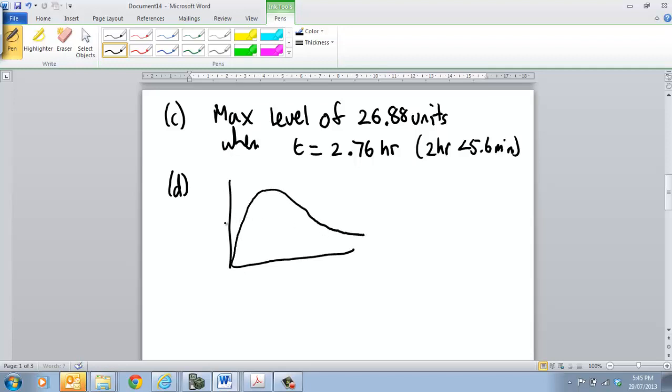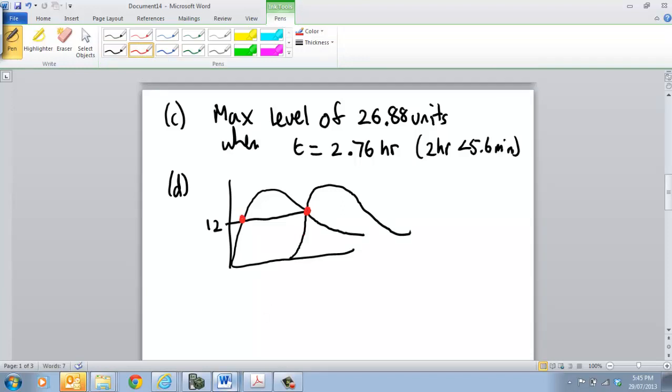So if we had a line over here as 12, then what we're expecting to do is we need to take our next drug prior to that wearing out. So we'll do something like that.